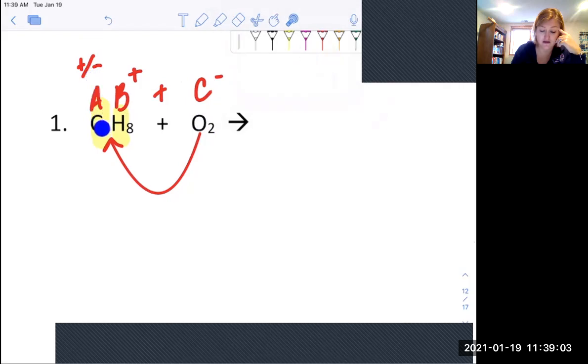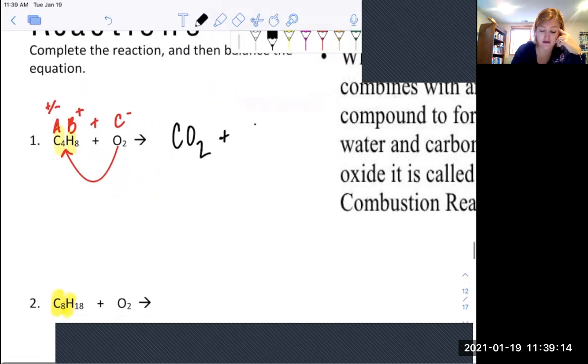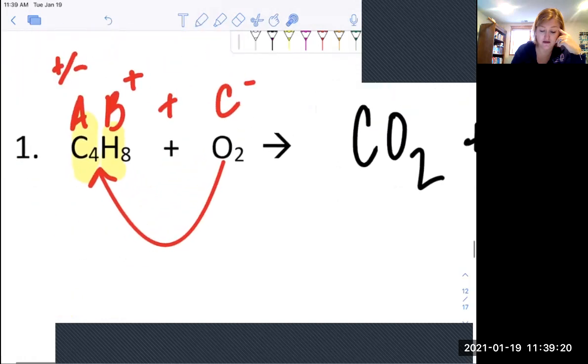What actually happens is every single time you have a combustion reaction, you end up with carbon dioxide and water as your two products. This looks like a pattern for a single replacement, where the oxygen wants to come and kick out who?